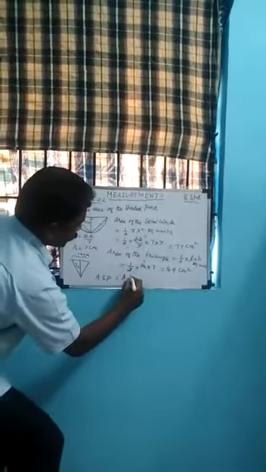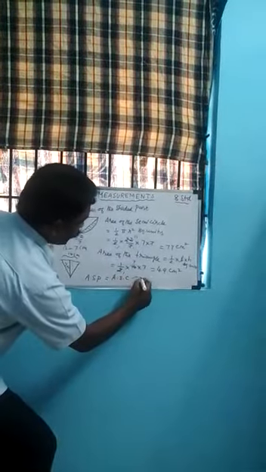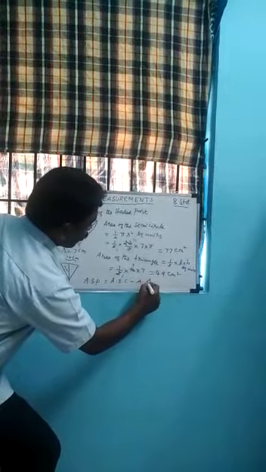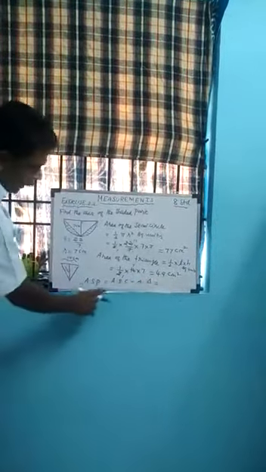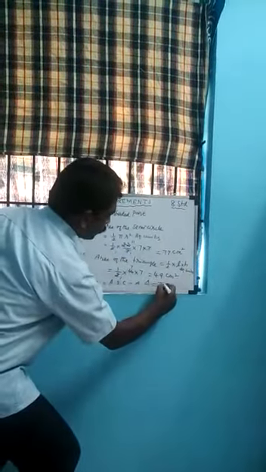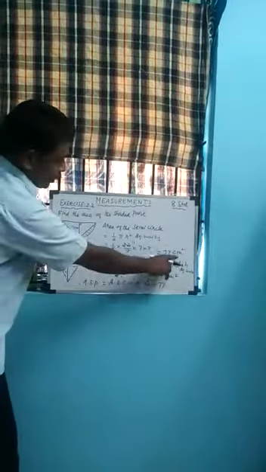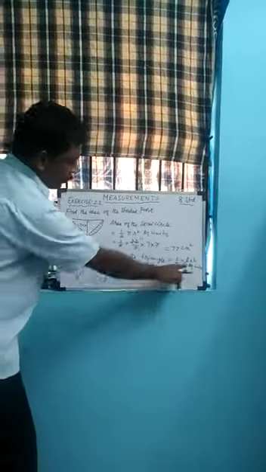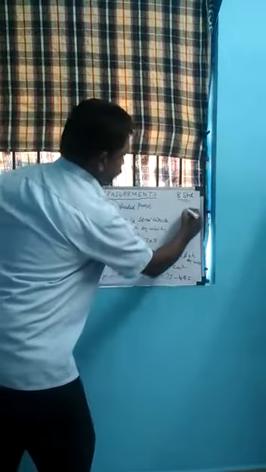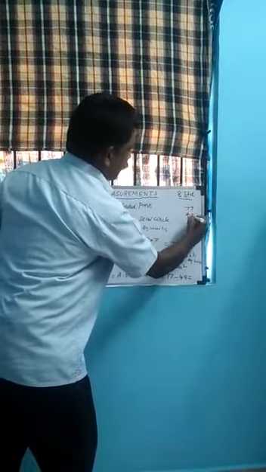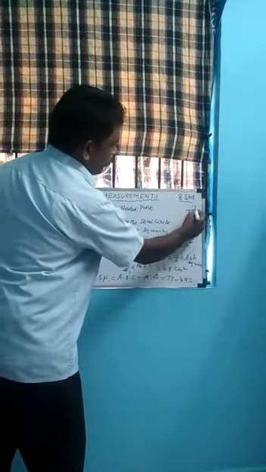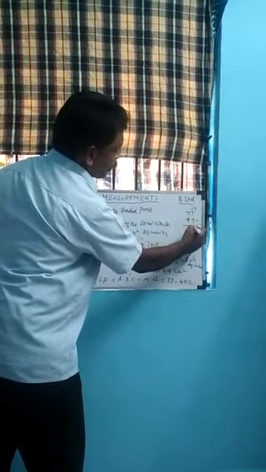Area of the semicircle is 77 centimeter square, area of the triangle is 49. 77 minus 49, subtraction: 17 minus 9 equal to 8.